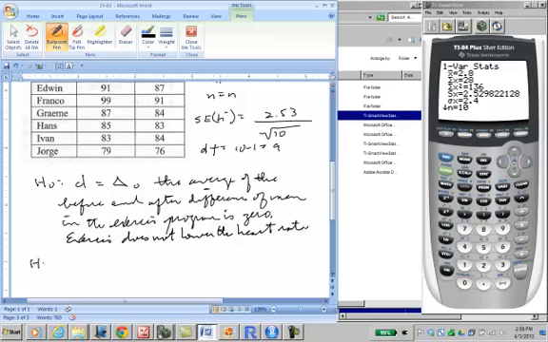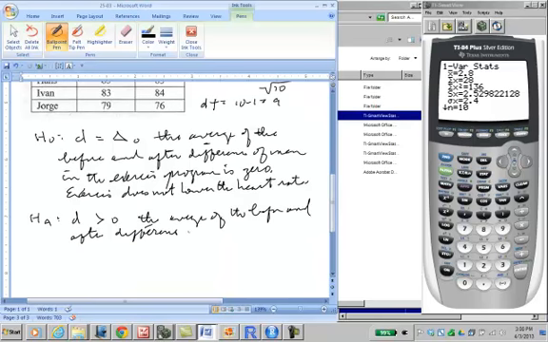The alternative hypothesis would be that delta is greater than 0. The average of the before and after differences of the men in the exercise program is greater than 0.